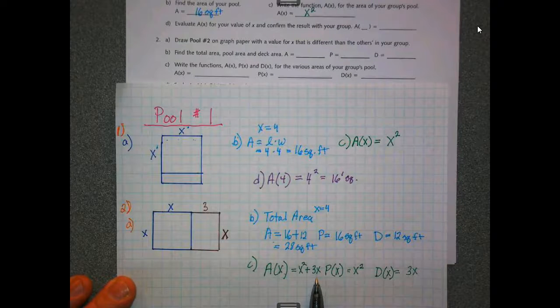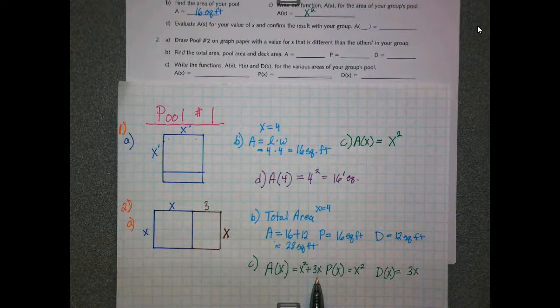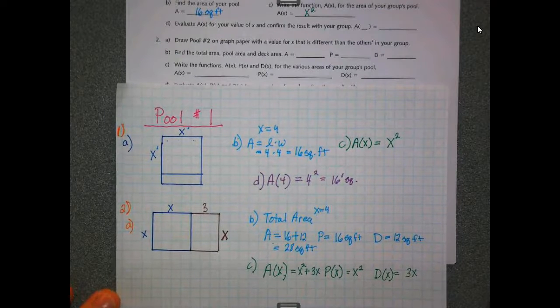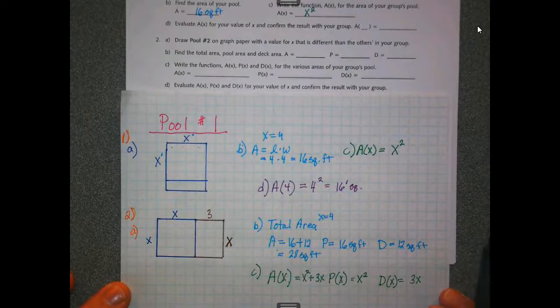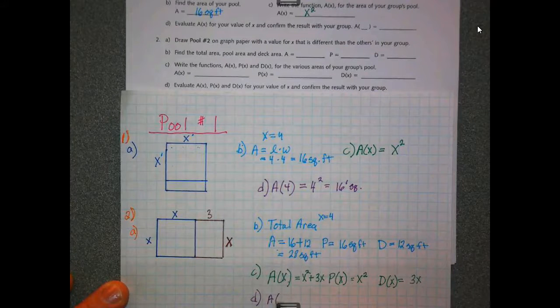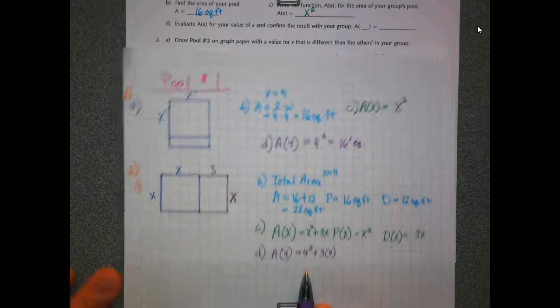Kind of. It should really start popping into your brains right now. All right, what's D? Evaluate. Now they want us to find A of, in my case, x equals 4, right? So they want me to find A of 4 equals 4 squared plus 3 times 4. Remember what this is called?